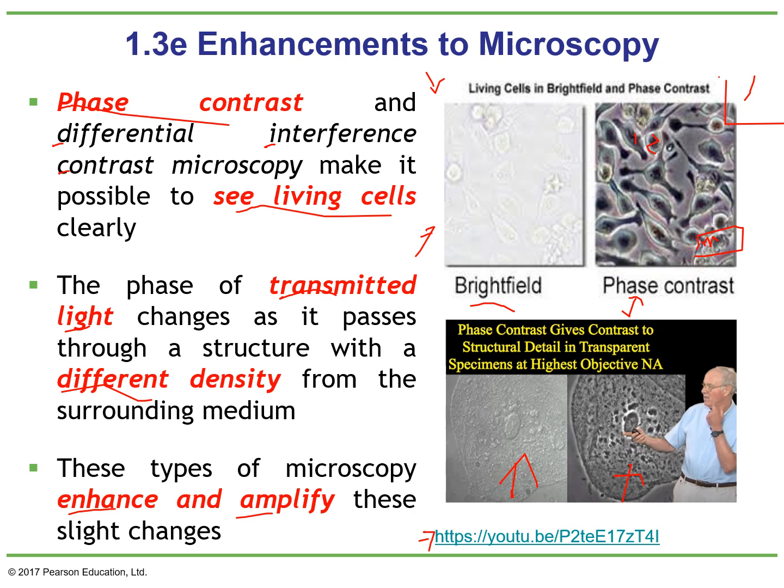In this case, you create different density between the cell and the surroundings. Later we'll get into the physics. But the magic there is that those small changes in brightness become much higher, and you can see the samples much more clearly. So again, phase contrast and DIC are very important tools.